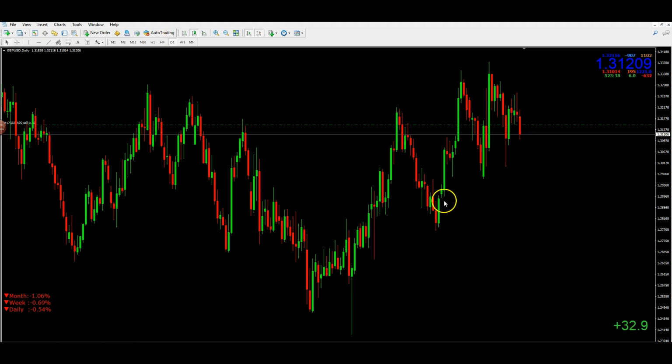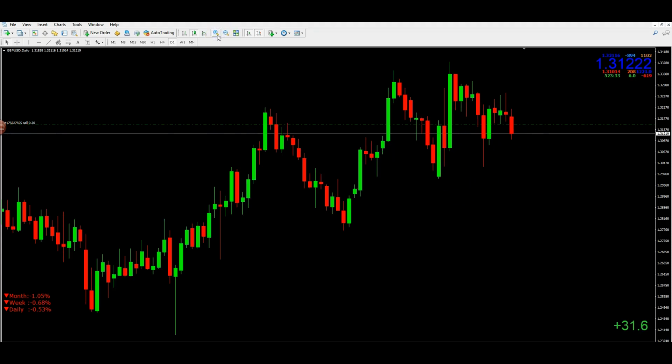So once you have ascertained that there is a trend, in this case an uptrend, what you would then do, let me just zoom in a bit. What you then do is go to, by the way, this is MT4, just in case you are not quite sure.